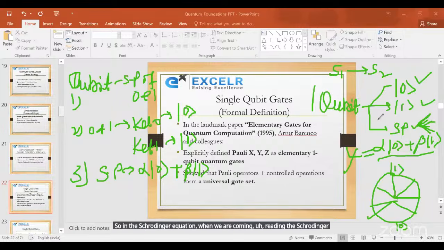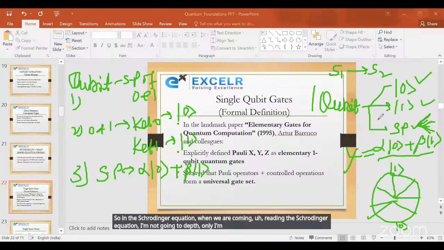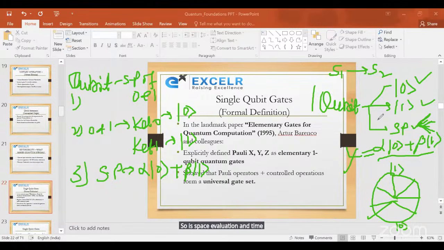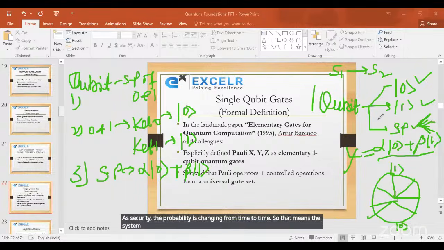I'm not going into depth, only telling you that when we read the Schrodinger equation, there is a time evolution and a space evolution, because every state is not stable. The quantum state is not stable. It follows from the uncertainty; the probability is changing from time to time. So that means the system is not stable.